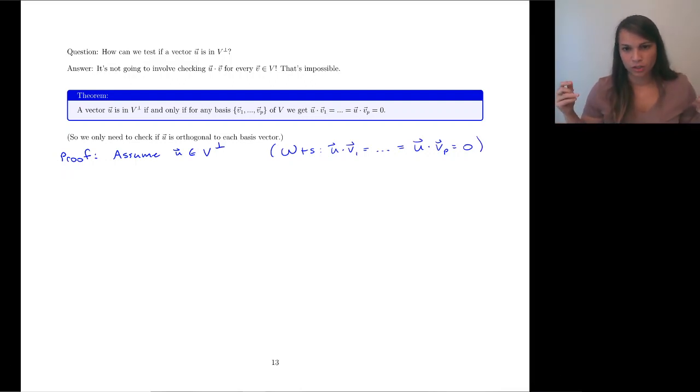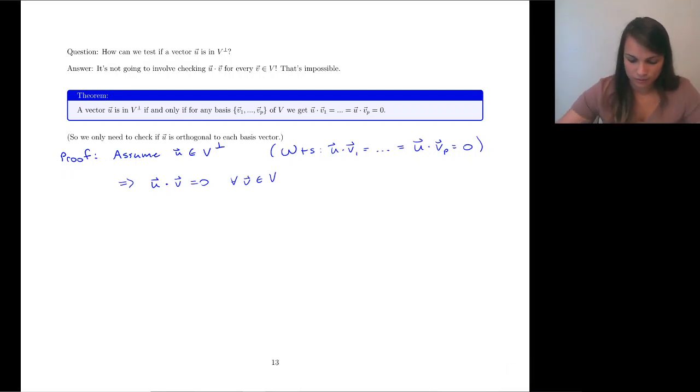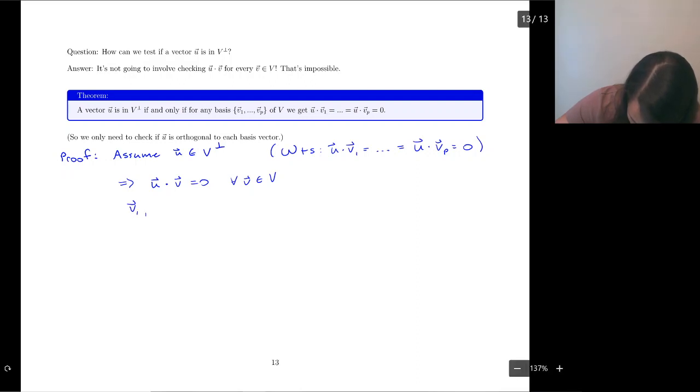Okay. So if it is in V perp, by definition, u dot v equals 0 for all v in V. But the basis of V is also in V. So the basis elements, v1 all the way up to vp, are in V. So, I should make that look like a capital V. So u dot v1, don't be bad, never forget your vector symbols.